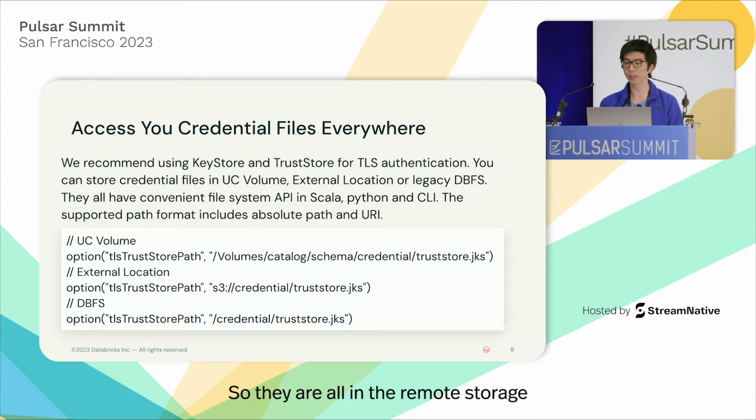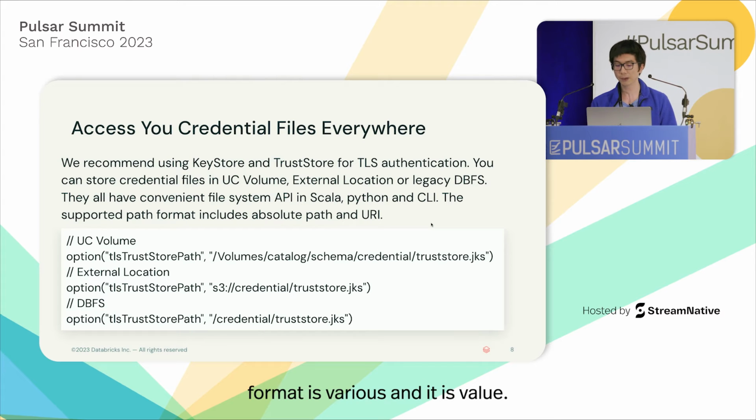So they are all in remote storage, and they all have a very convenient file system interface in different languages. And then you can upload your credential file very easily to this location. And then what's best is that you can use this remote location as your TLS trust store and TLS key store path in your query.